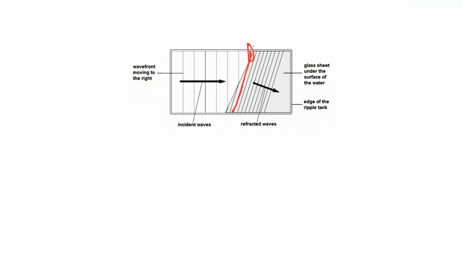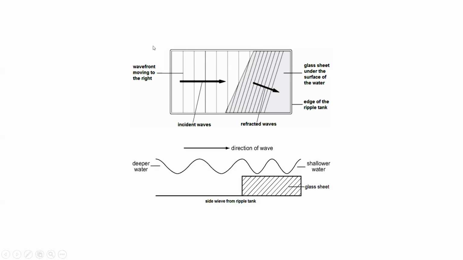In deep water it moves faster, in shallow water it travels slower. That causes the change in direction. And the wavelength, the distance between two successive wavefronts, will also decrease.